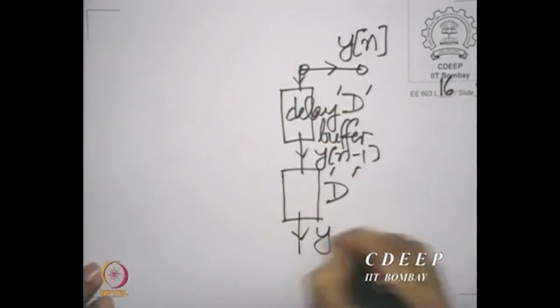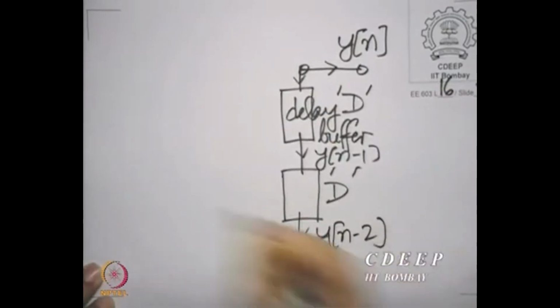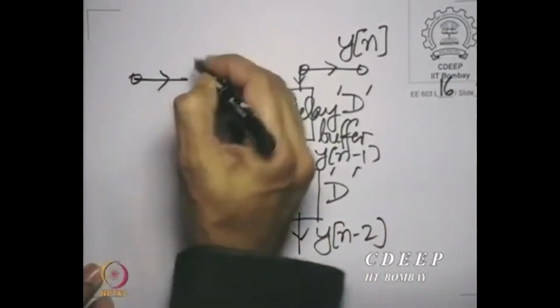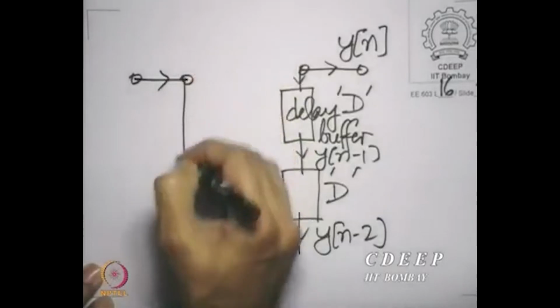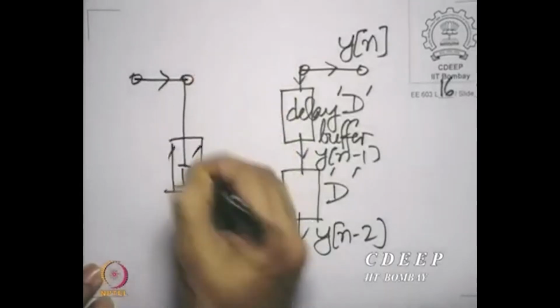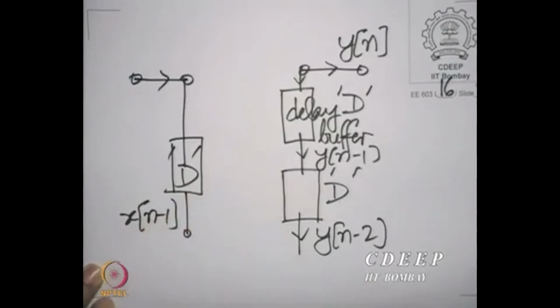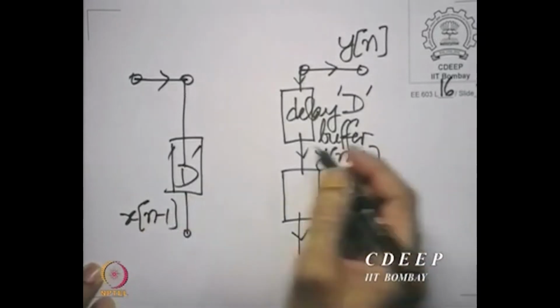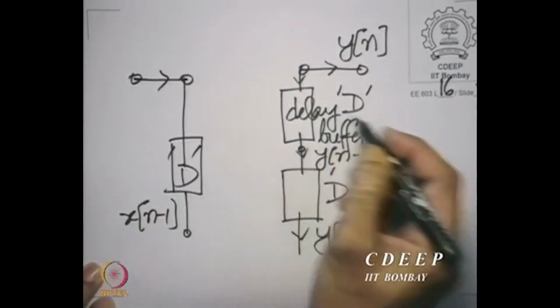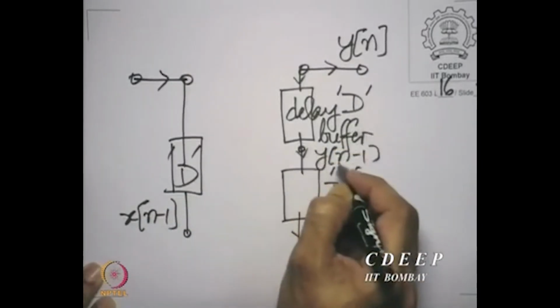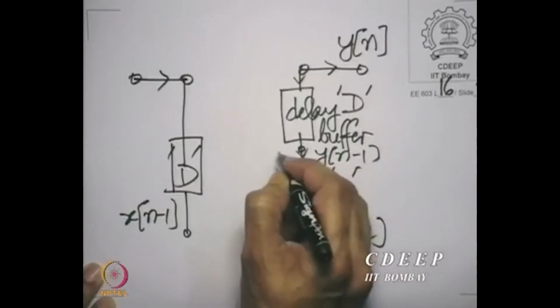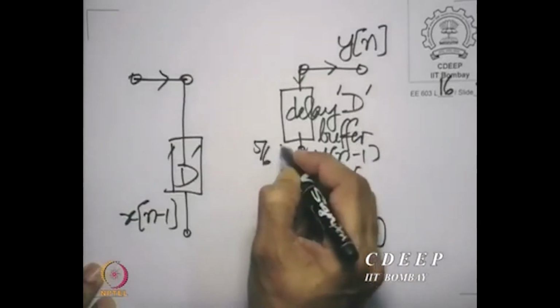And of course, here you would get y[n-2]. And similarly, you could have a delay buffer operating on the input, and that would give us x[n-1]. Now, what does this equation tell me? This equation tells me that I have taken y[n-1], multiplied it by 5/6.